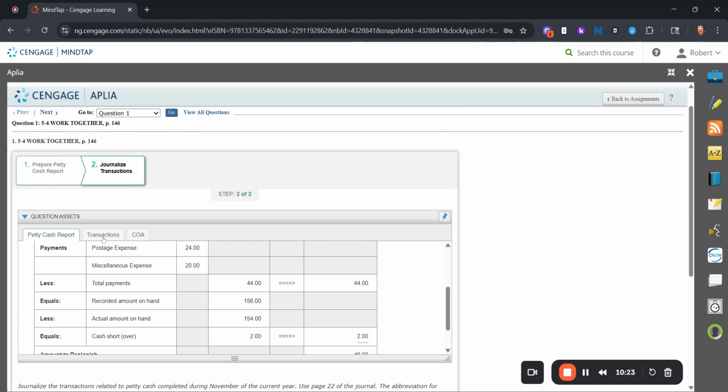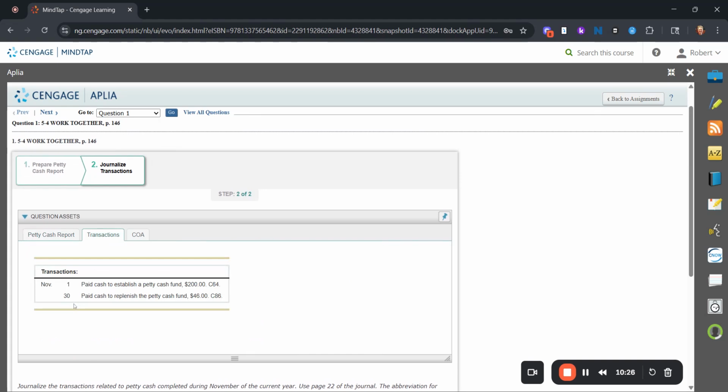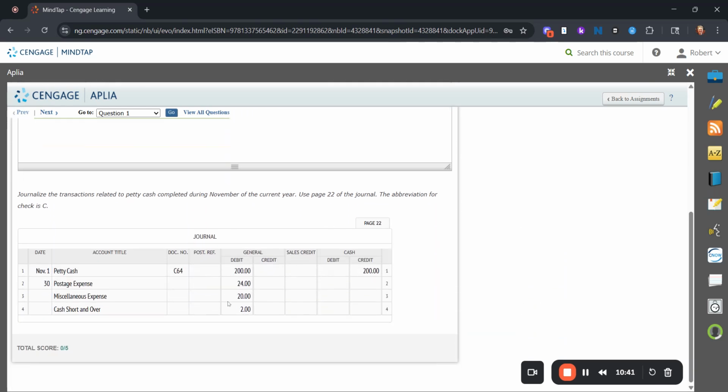But if we click on this tab up here again at the transactions, you notice that paid cash to replace the petty cash fund, $46, check 86. So all three of those, of course, are going to be written on one check. So that's check 86. So we'll put C86. And we didn't need to put the date in for these other two items because they're included in this whole transaction on one check.